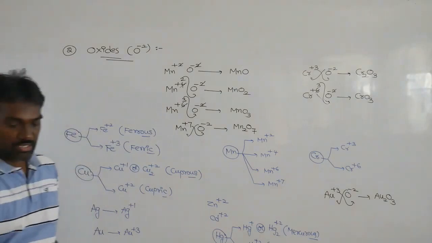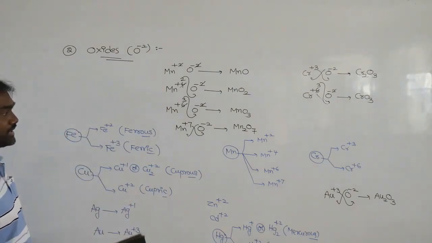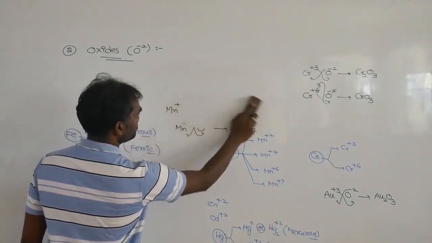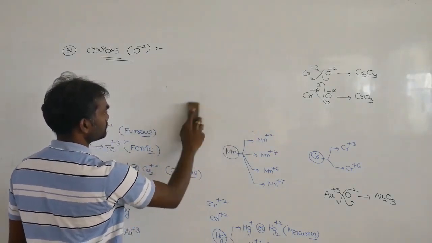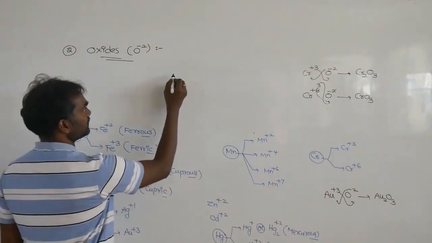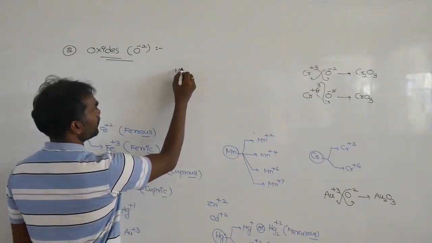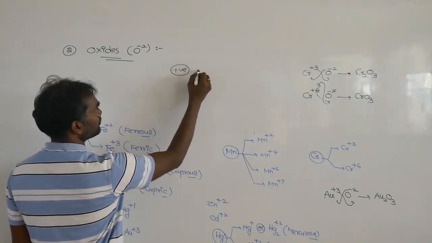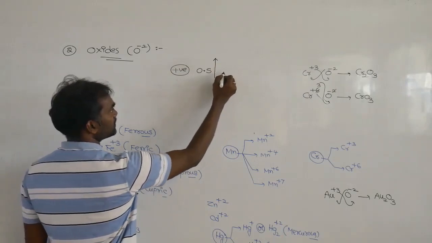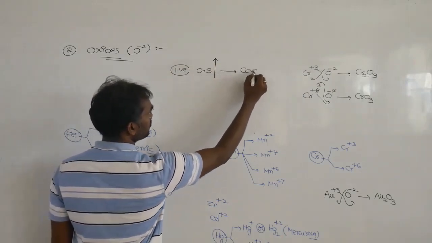Next, these are which type of compounds? Ionic, otherwise covalent character. See, highest oxidation state, so positive or negative? Highest positive oxidation states are showing covalent character.